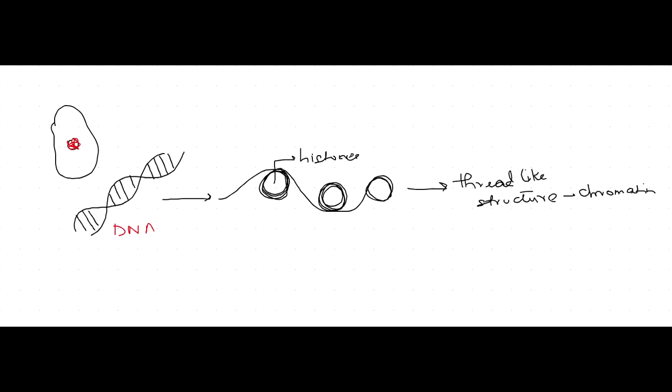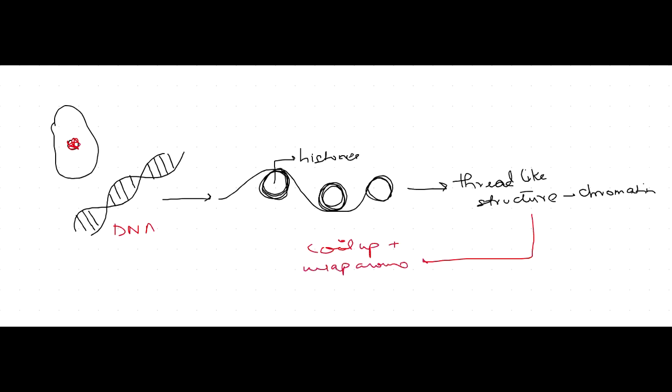But when the cell is about to divide, this chromatin will start to coil up. It will start to wrap around itself. It will start to come together.